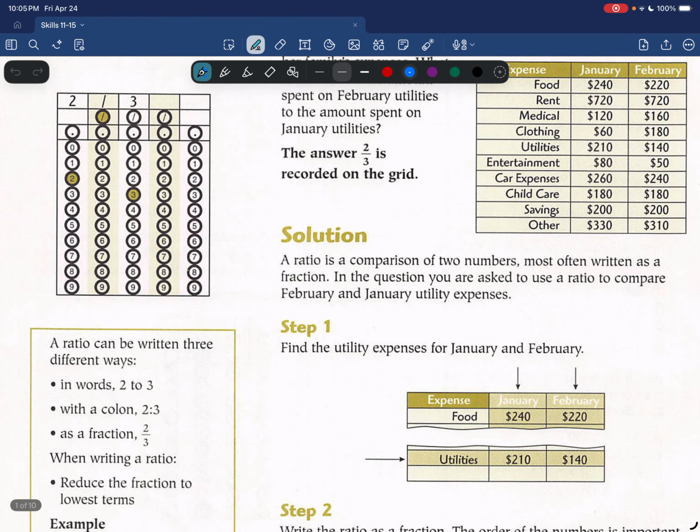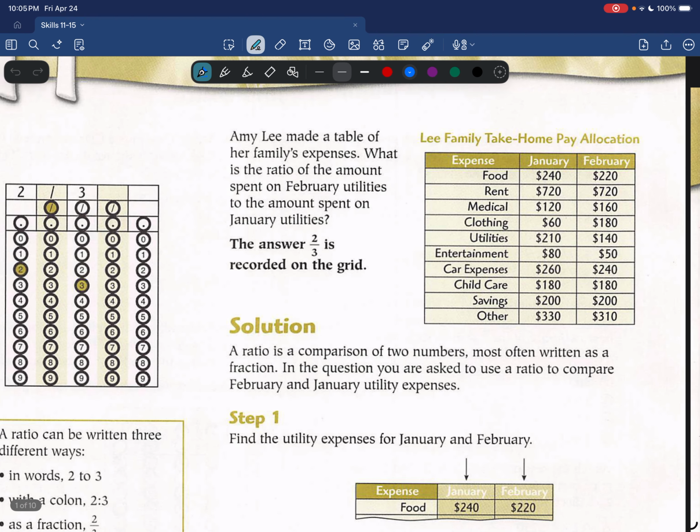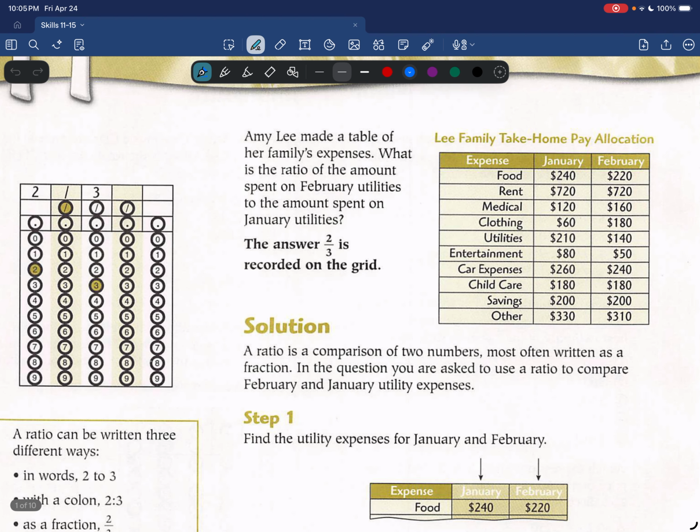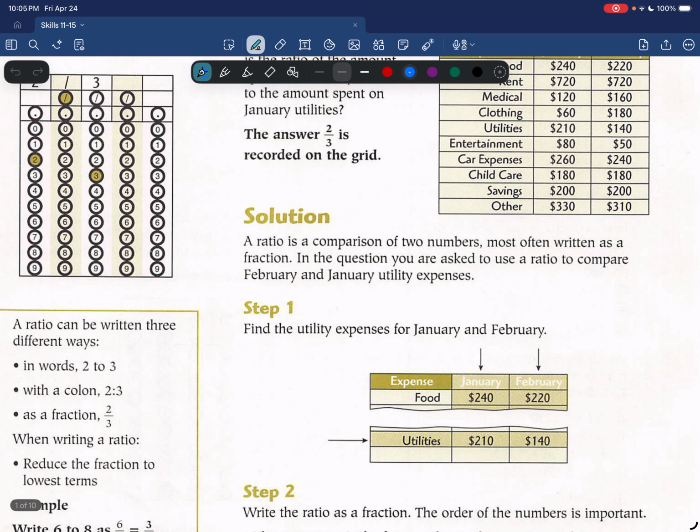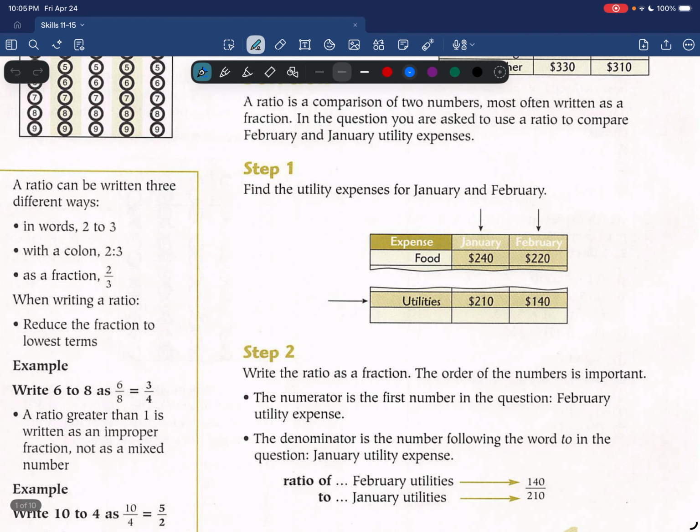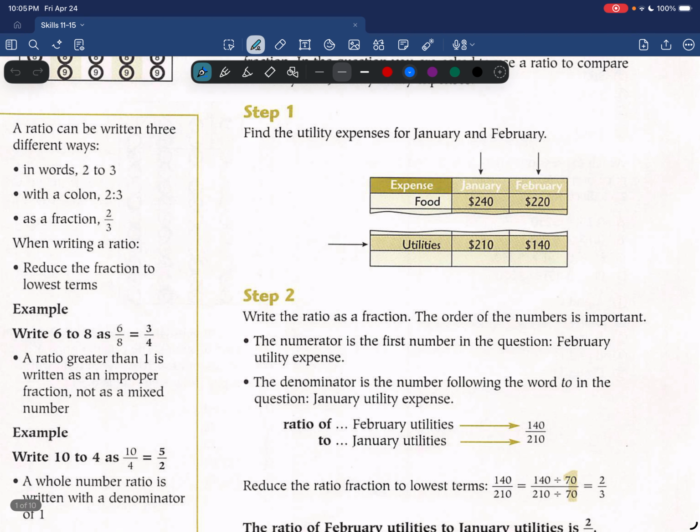So here's the solution to our question. In the question, you are asked to use a ratio to compare February and January utility expenses. Find the utility expenses for January and February. Write the ratio as a fraction.